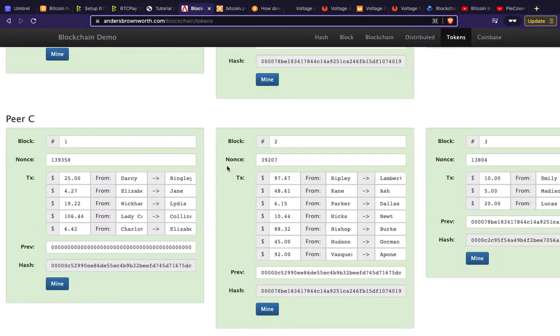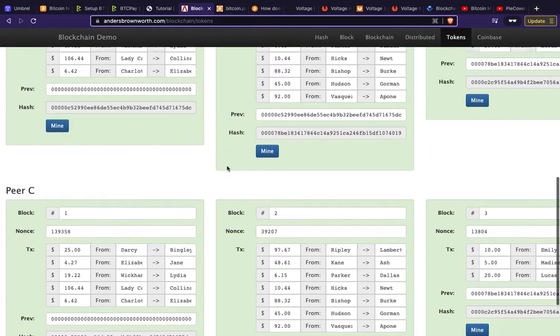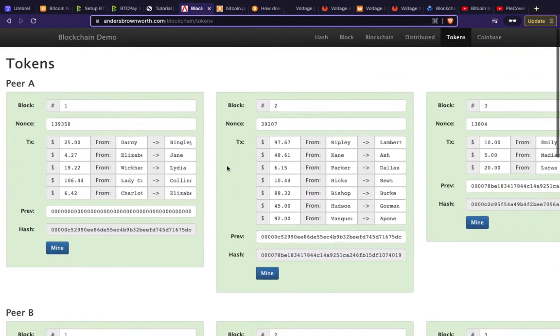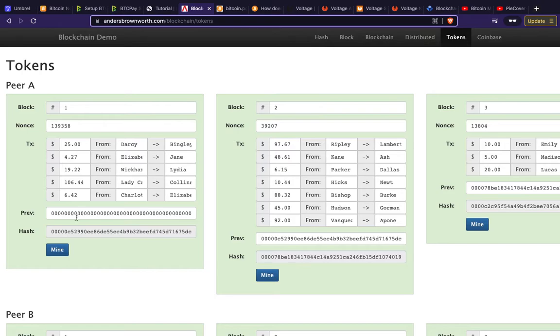Over here, you see the first block, you have this hash, right?